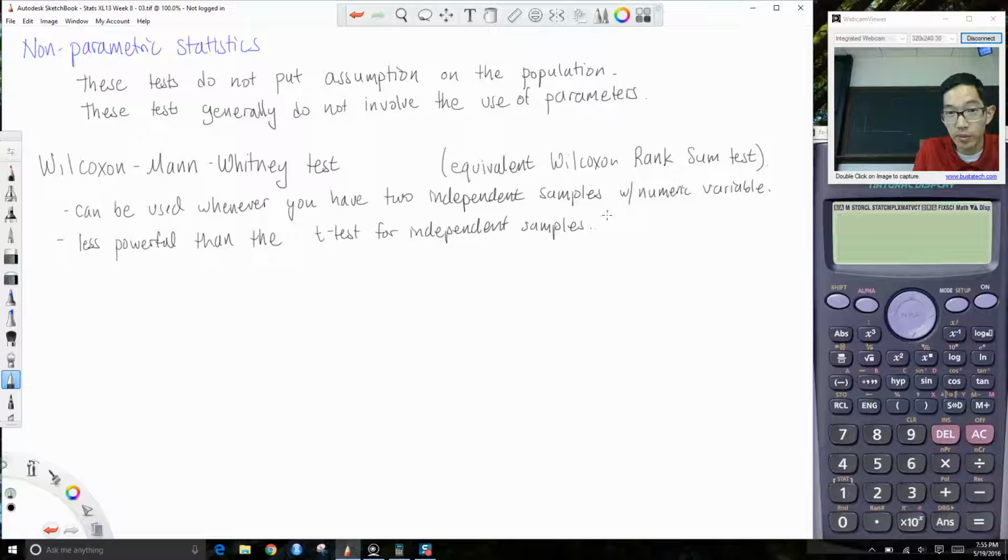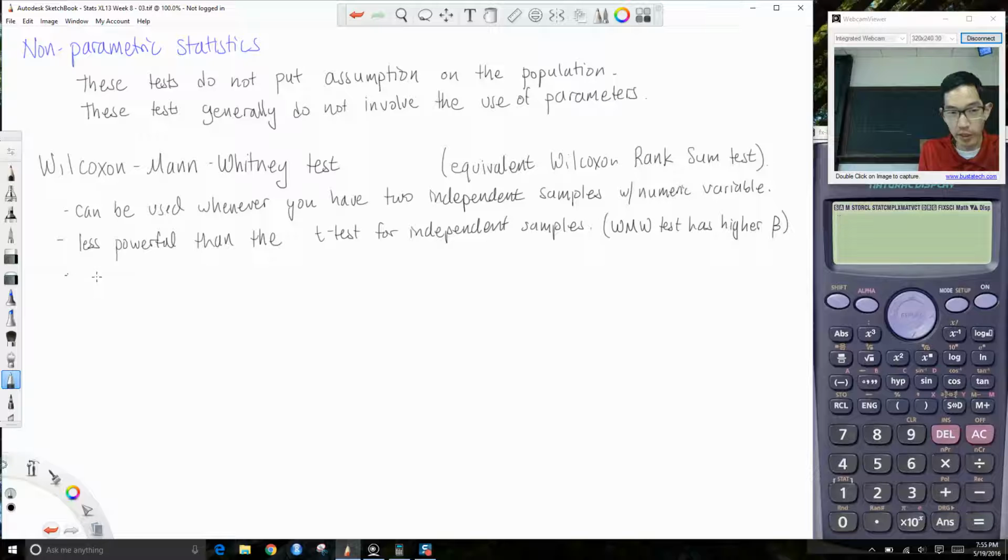We'll say the Wilcoxon Mann-Whitney test has a higher beta, meaning the false negative rate is higher for the Wilcoxon Mann-Whitney test.